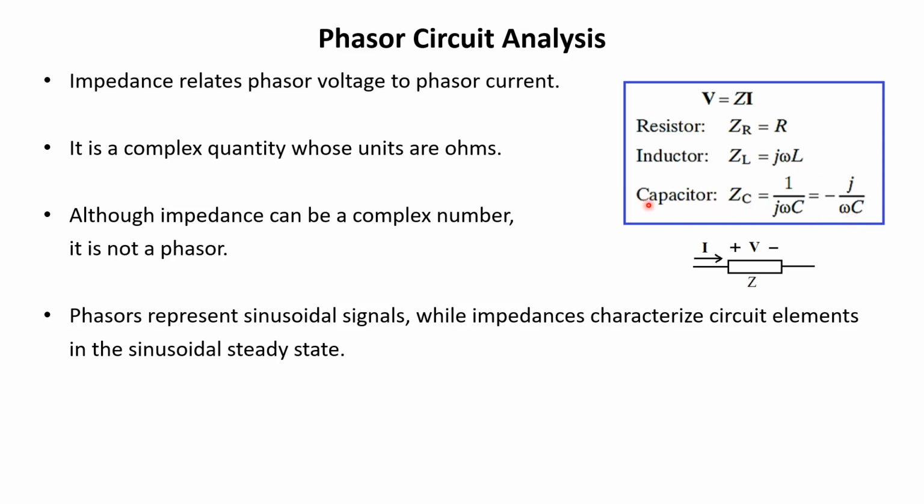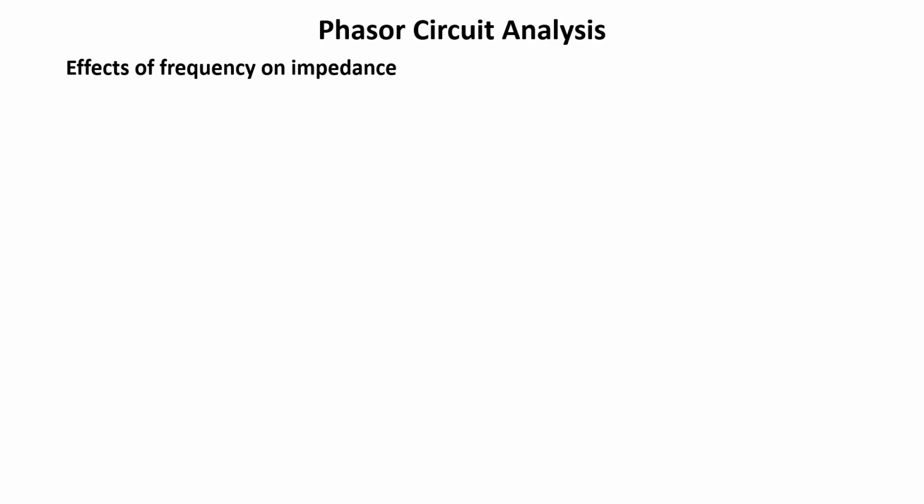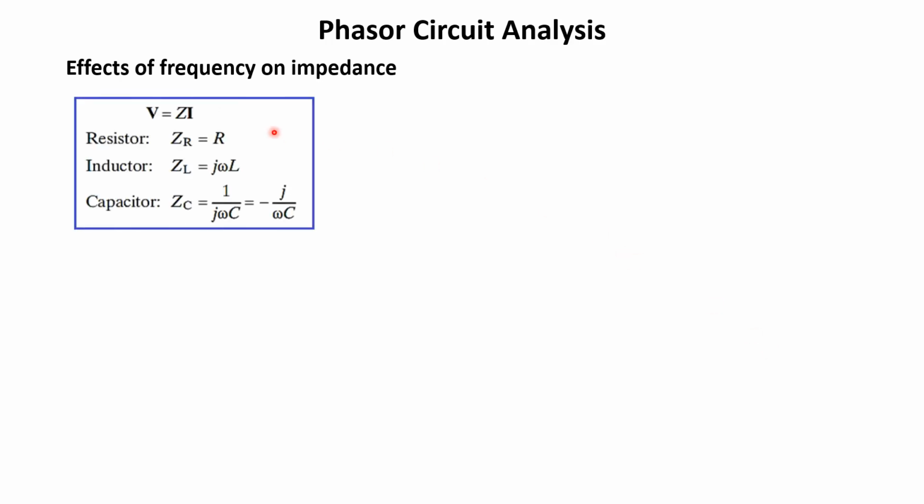So ZC is inversely proportional to the capacitance and the frequency, and ZL is directly proportional to the frequency. The passive sign convention is used to assign the reference marks to the voltage and the direction of the current. Effects of frequency on impedance: as I have said before, there is no effect of frequency on the resistance.